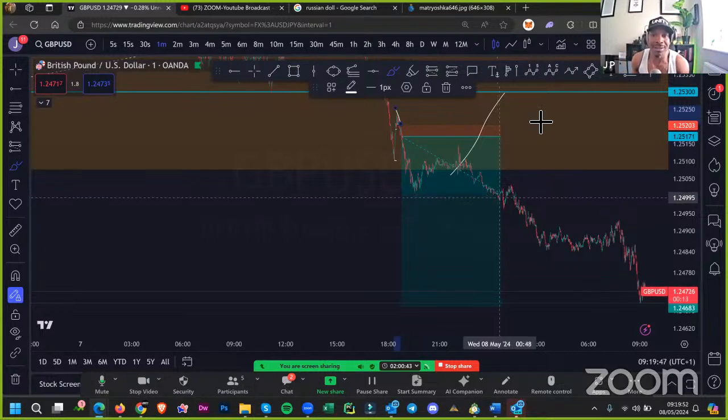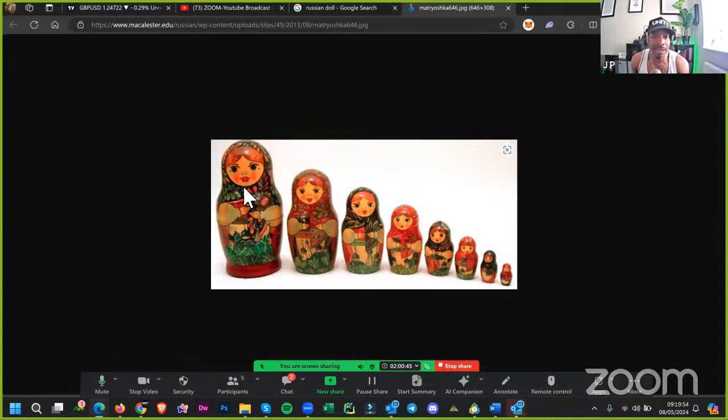Hence the reason why you must understand who is granddad, who is dad, who is older uncle, who's your older cousin, who's your brother who's born older than you. And then, these guys are my younger cousins, screw them. They're not going to be able to do anything to my structure because they're smaller than me.